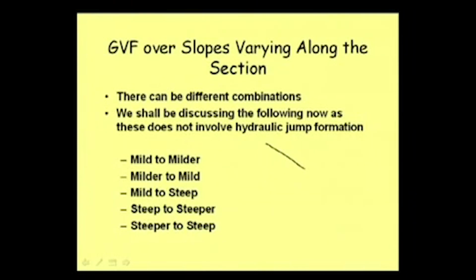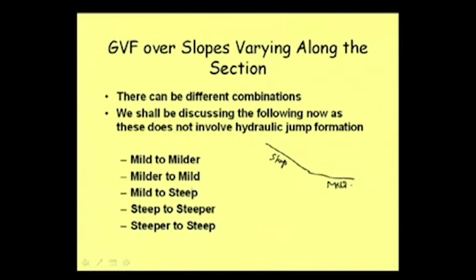And there can be different combinations of slopes in series. Say there can be a steep slope coming, and then that steep slope is changing to a mild slope. Say from the hill the slope is coming like this, it is a hill and then it is becoming flat. So, this may be a steep slope and then this is becoming a mild slope.